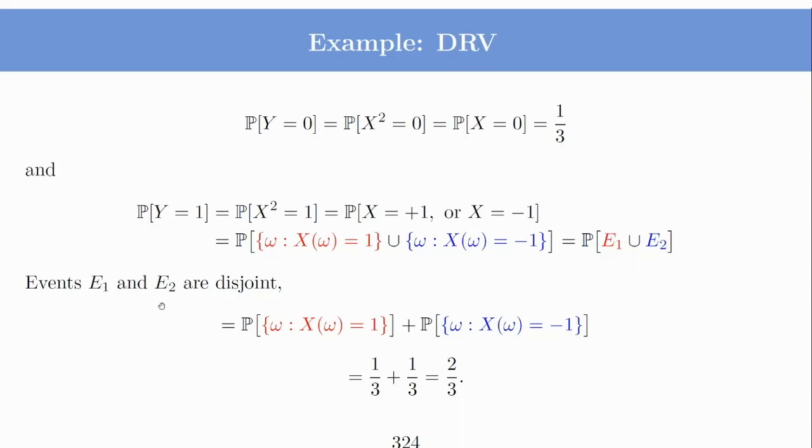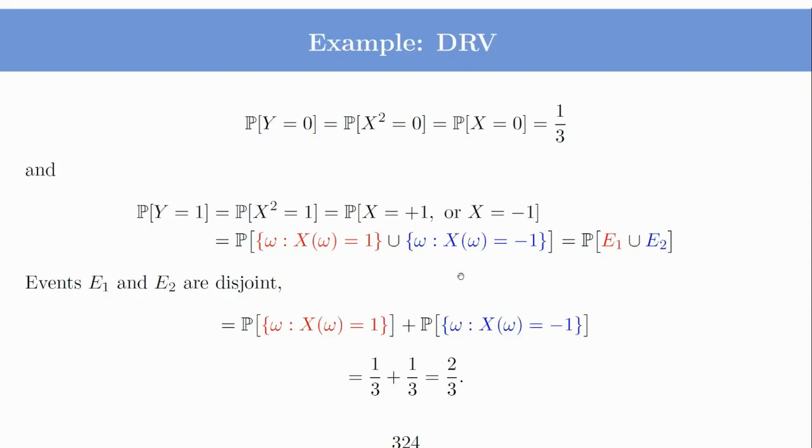Now note that E1 and E2 are disjoint, because E1 is all omega which map to 1 and E2 is all omega which map to minus 1, and x omega can only map to a single value. So all the omega mapped to 1 cannot be in E2, because E2 will map them to minus 1. These are disjoint.